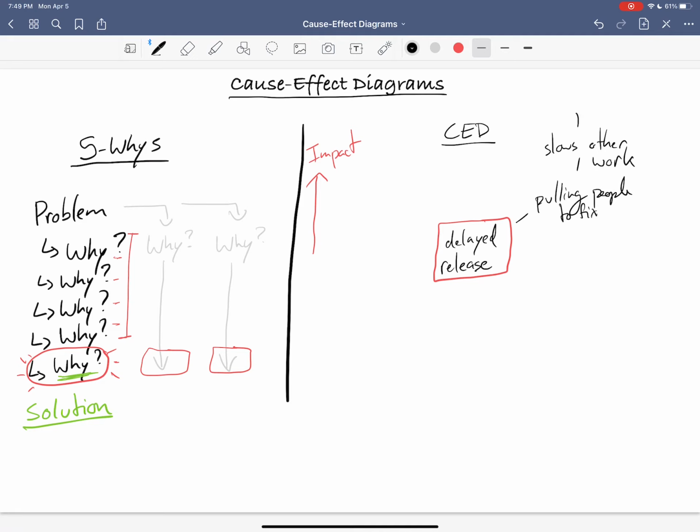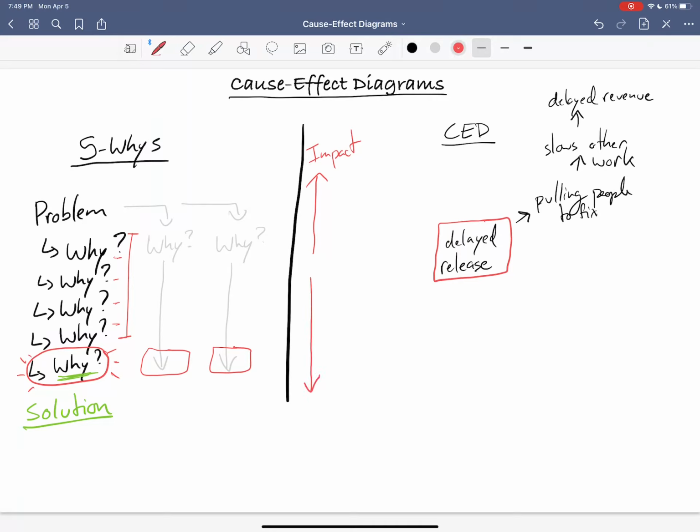And then this becomes one of the other issues, which is delayed income, delayed revenue. And so we can see with this arrow the track and the path upwards.